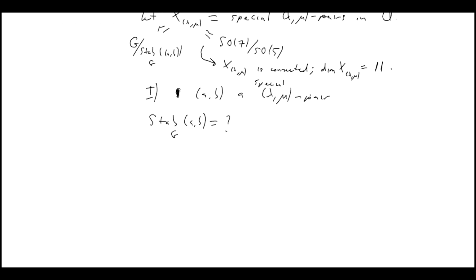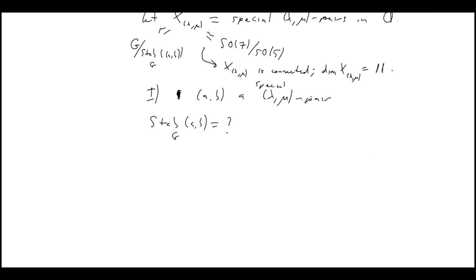But we know that AB generates a quaternion subalgebra, and this stabilizer of AB is contained in the stabilizer of B.